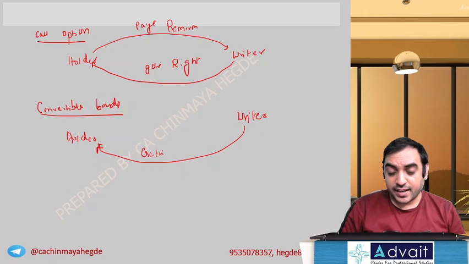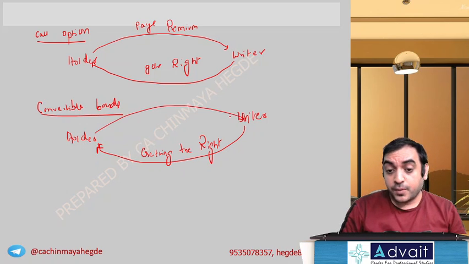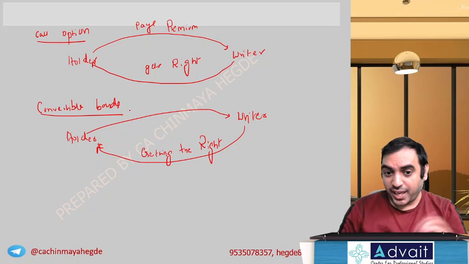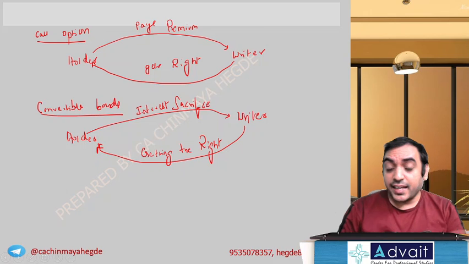He is getting the right, and he is paying premium. But how is he paying premium? Not by way of cash. He is paying premium by way of the interest forgone. Interest sacrifice.